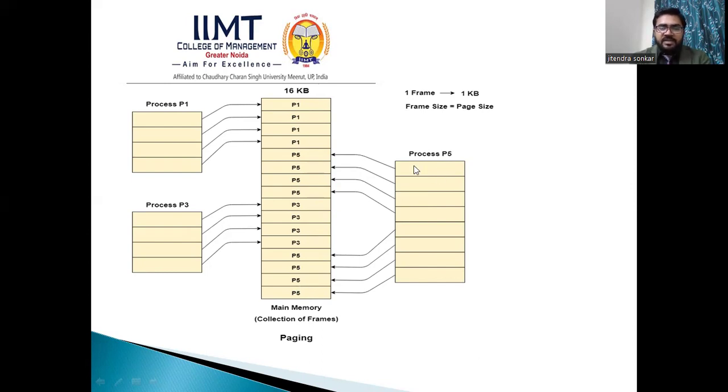Process P5's size is 8 KB, and it is divided into equal-size blocks. These blocks are known as pages, and each page size is 1 KB. So the allocation of memory to the processes takes place very easily because the frame size and the page size are equal.